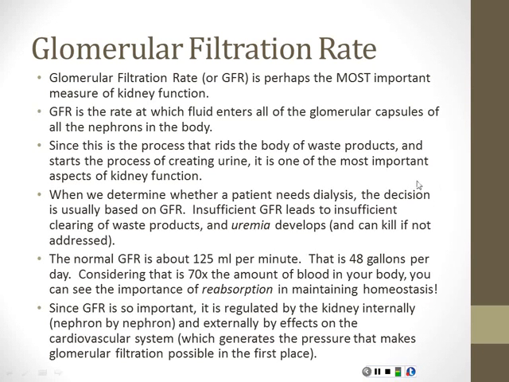If we do some math, which we're not going to get into, we could also say it's 48 gallons per day. So 48 gallons of fluid enter all the capsules of all your nephrons every day. That is a lot. That's a bathtub, right? So clearly, that's about 70 times your plasma volume. So why does that matter?